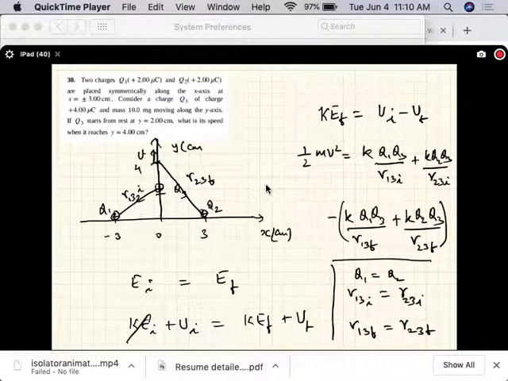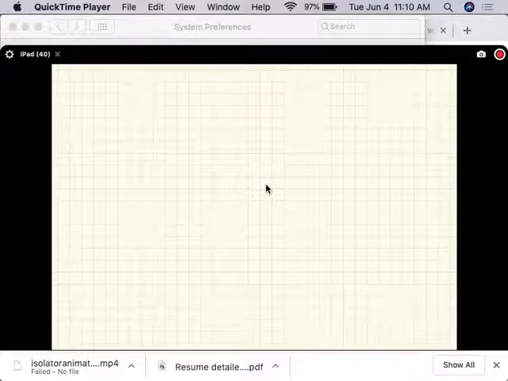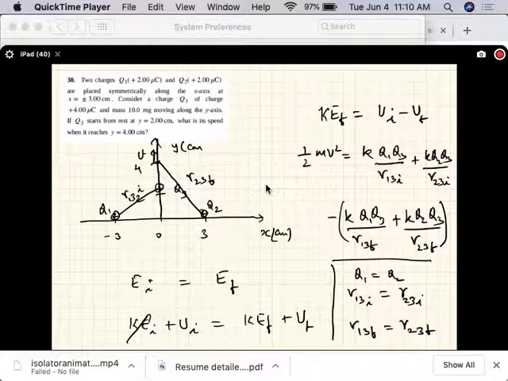So let's see what happens. So here's what happens: 1/2 mv square. Let me also calculate R13. This is 3 centimeters. This is 2 centimeters, and that's 4 centimeters. So this distance is 2 centimeters. This distance is 4 centimeters. So R13 is 3 square plus 2 square, and R23 is 3 square plus 4 square.